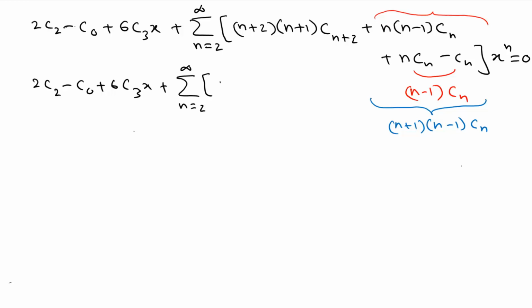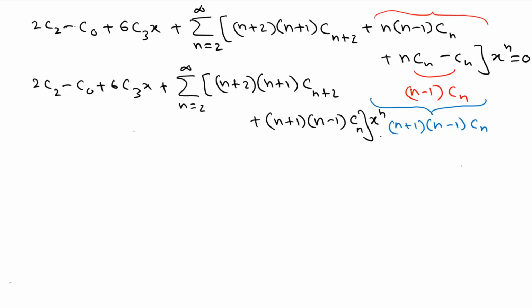We have here (n plus 2)(n plus 1)c(n+2) plus (n plus 1)(n minus 1)cn, everything times x to the n equal 0. So that's what we get.